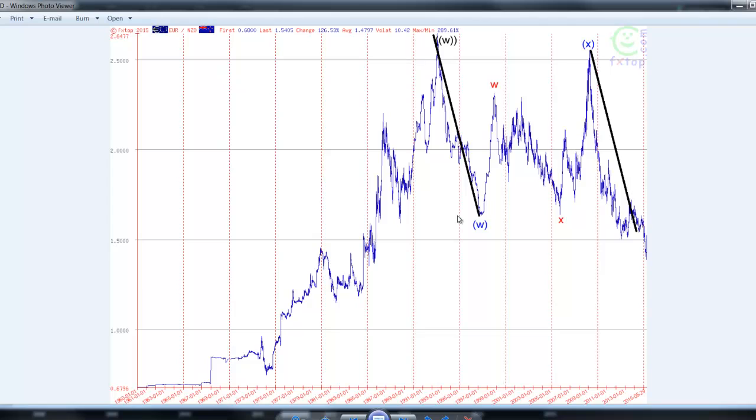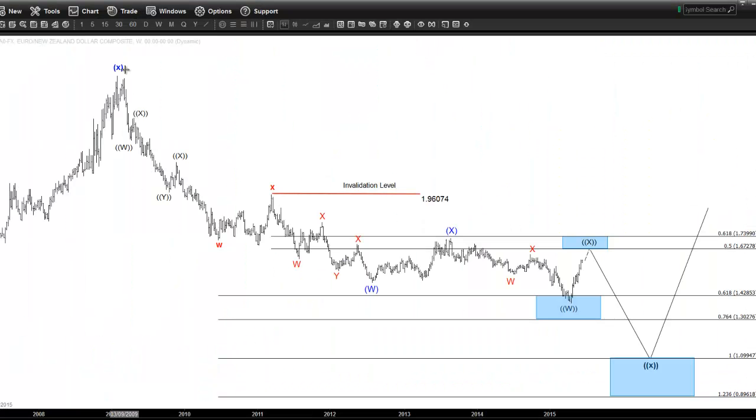Starting from the X in blue, what we have is a WXY structure, okay? This is the W and the X, and the equal leg of this W and X in red is at 1.10, and it hasn't been reached.